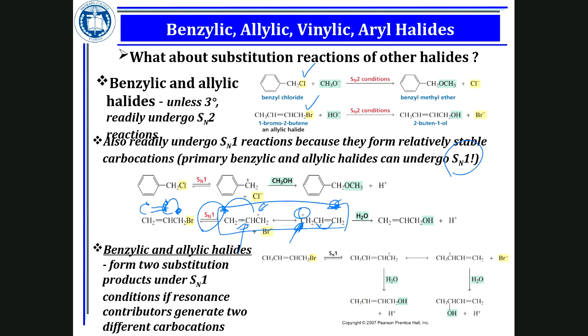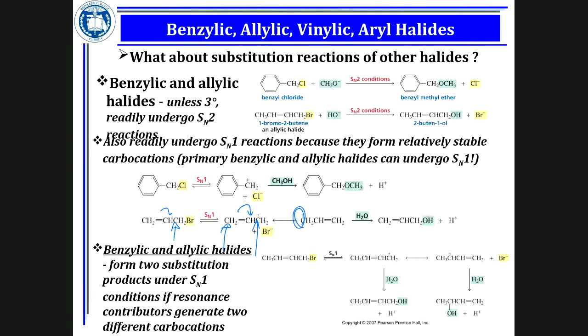So when the pi bond is moving from the left side to the right side, this carbon here is gaining a pi bond, from here to here. This carbon here is gaining a pi bond. This carbon here is losing a pi bond. The carbon losing the pi bond is going to gain the positive charge. The carbon that is gaining the pi bond is going to lose the positive charge.